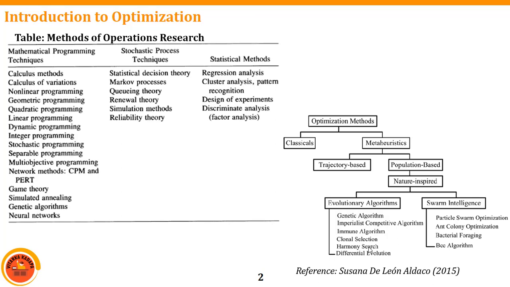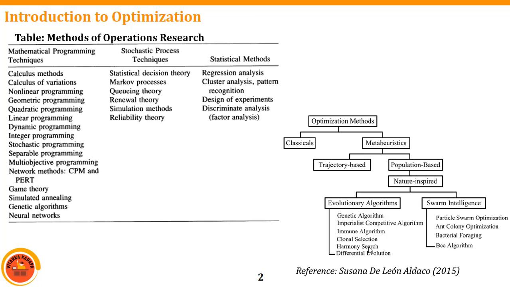There are ants' behavior, ant colony optimization, bees' behavior, artificial bee colony optimization, and bacteria foraging at one particular place, the bacterial foraging algorithm. There are multiple swarm intelligence techniques. I am listing out a few from this particular reference.